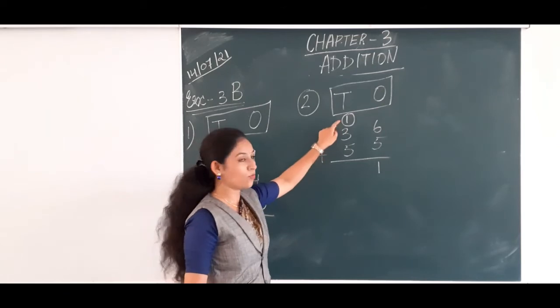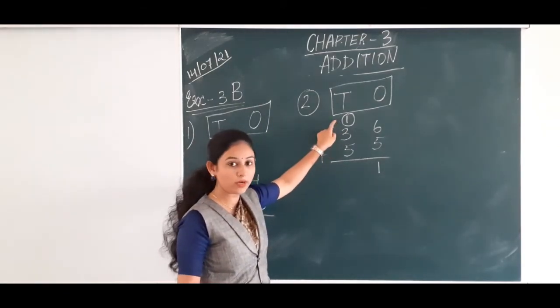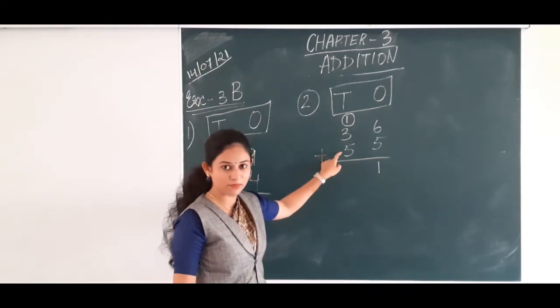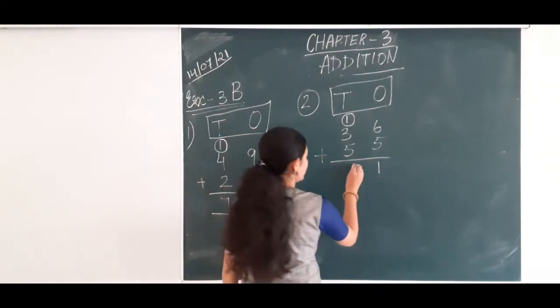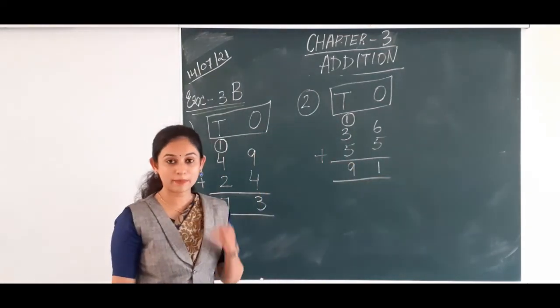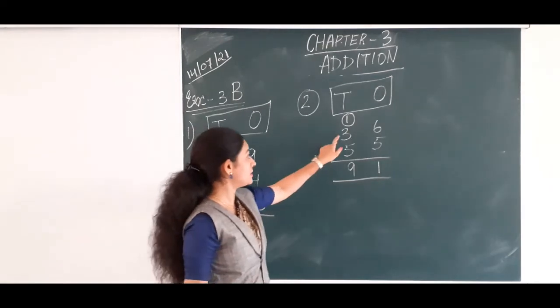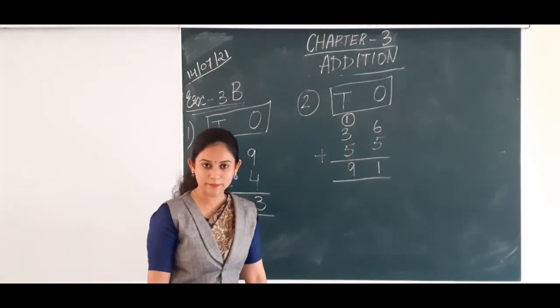Now 3 plus 1 is 4, and 4 plus 5 is 9. So our sum is 91. 36 plus 55, the answer is 91.